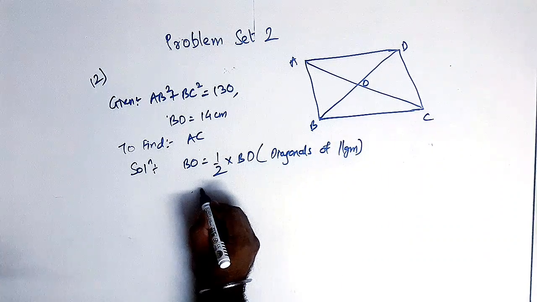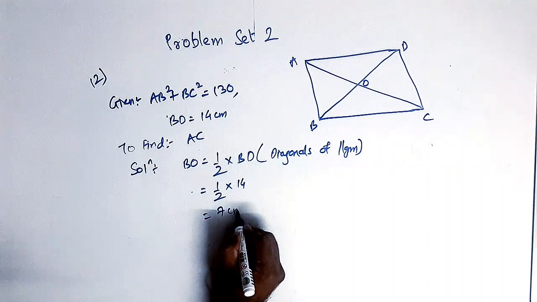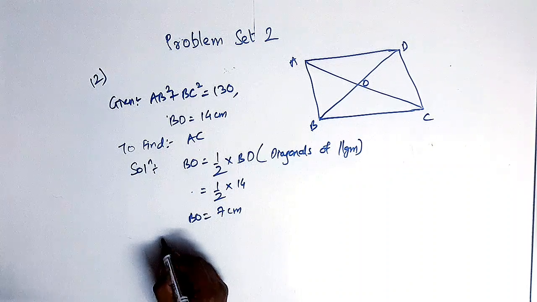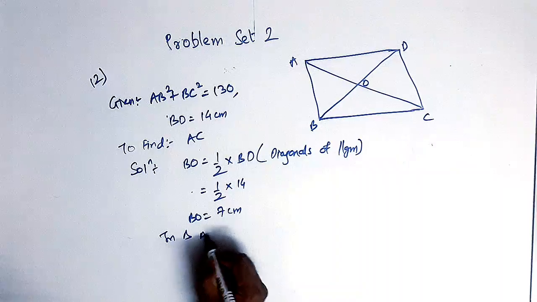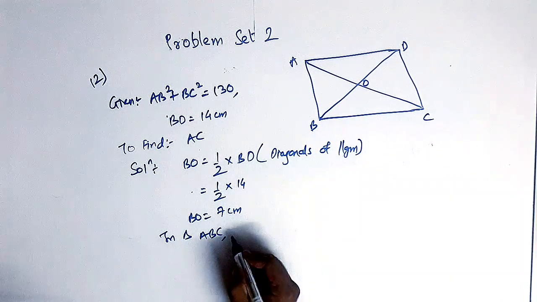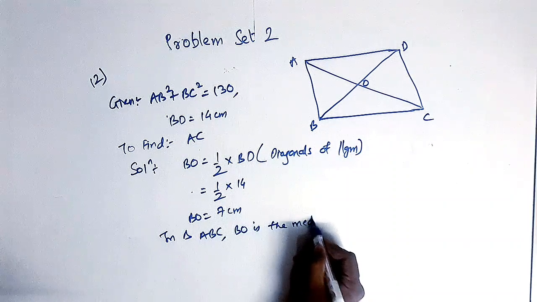So BO is equal to half of 14, so this is 7 centimeter. BO is 7 centimeter, correct? Now I can write in triangle ABC, can I say BO is the median? Yes, BO is the median.